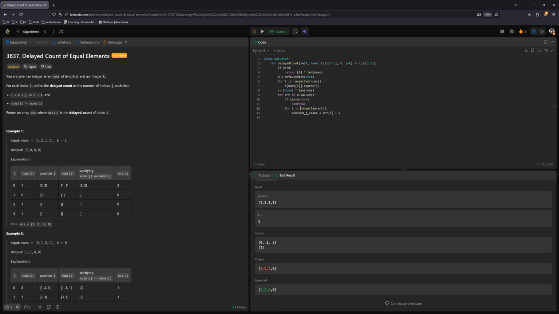So if J is not higher than that, so next J index equals 0. Now if I is greater than next J index, then next J index equals I plus 1.